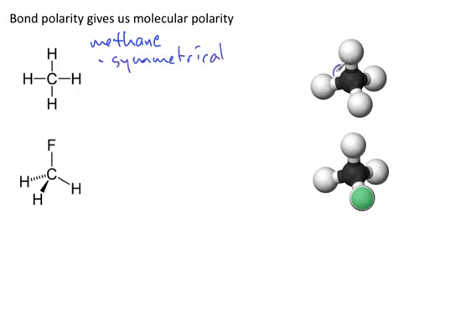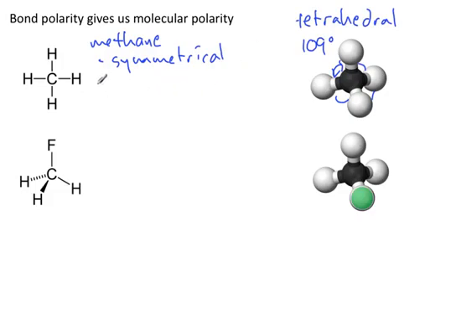And we can look at the actual space filling model for this and recall that it's a 109-degree bond angle. Well, all of those bond angles are 109 degrees. And so the tetrahedral molecule, when it has 4 ligands, will always be symmetrical. And so that's the case for all of those main geometries. If they're bonded with 4 ligands, or the maximum number of ligands, they will always have a symmetrical shape.